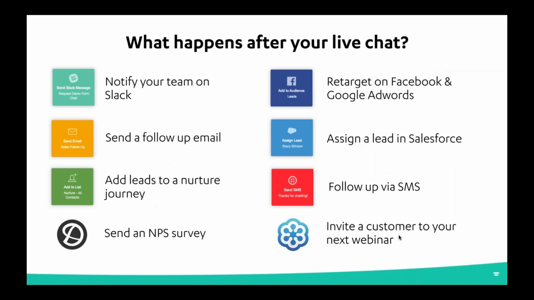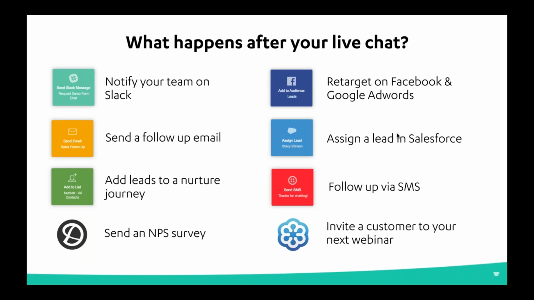So, all right. Rather than go too far into this, I'm going to get to the questions, but you can do a bunch of other things after the live chat. Notify your team on Slack that you've assigned a lead, or that someone's mentioned a certain feature. You can send follow-up emails.